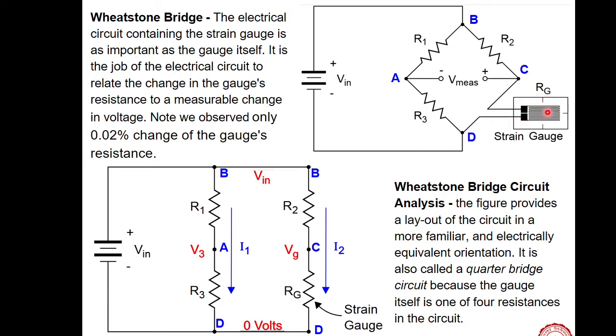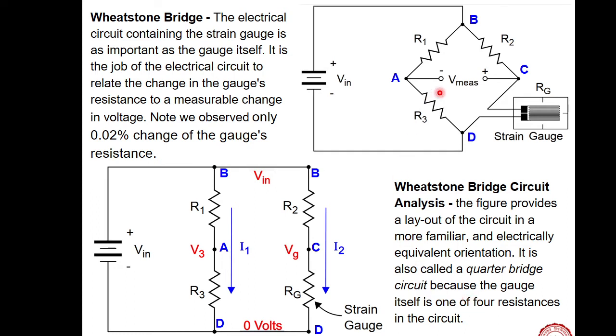We can use a single gauge, 2 gauges, or the complete 4 gauges. Accordingly, they are known as quarter bridge, half bridge, or full bridge. This particular one is a quarter bridge circuit.